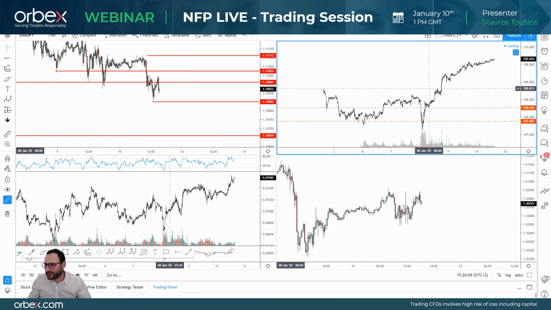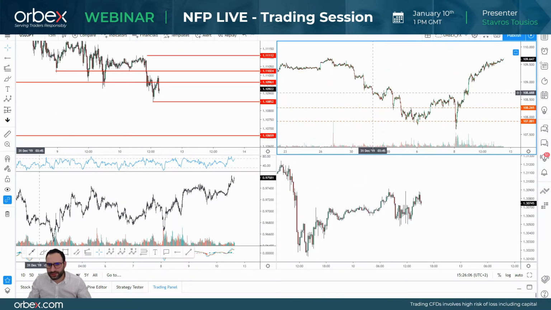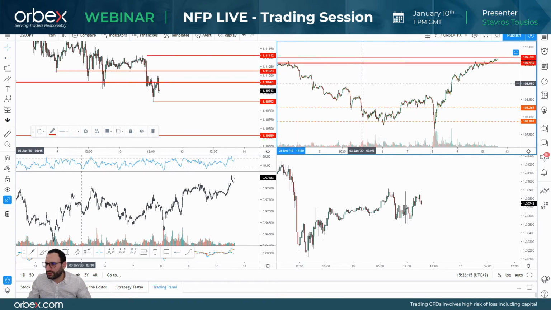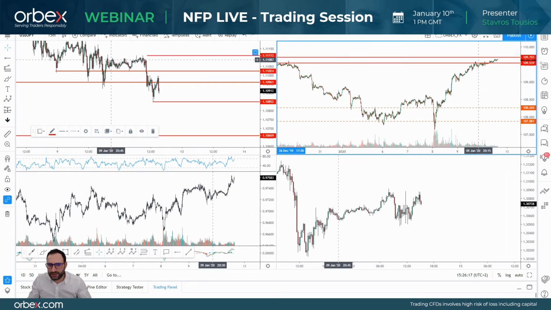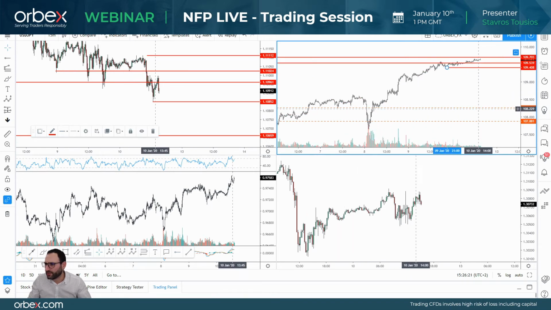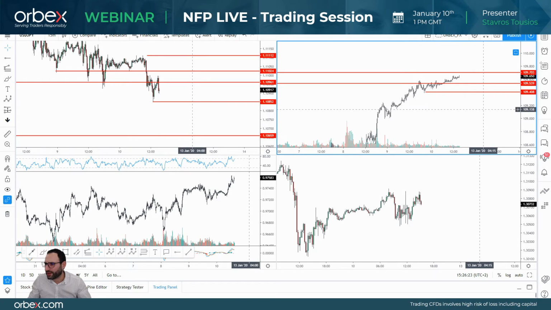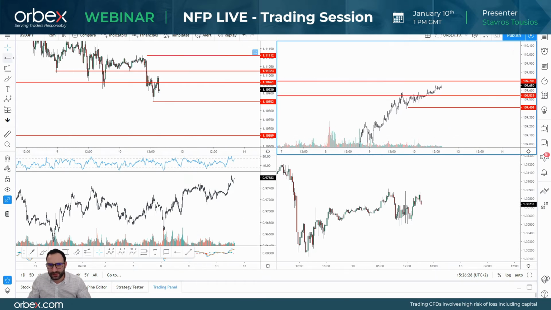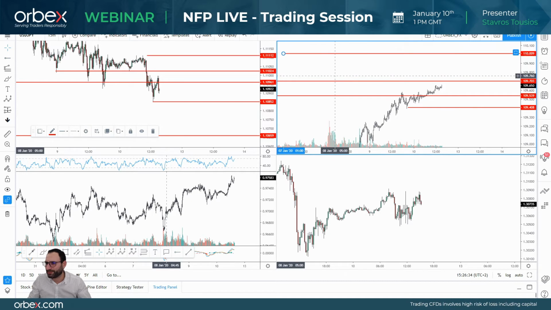Dollar yen, we can draw one. On dollar yen, we are over here. We've got 3 levels drawn. I don't think we need more than that, to be honest, because we're very close to the 110. So in case we use that as an entry and we break over, then we're probably looking at 110 anyway.